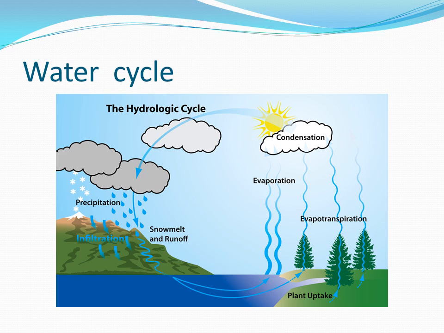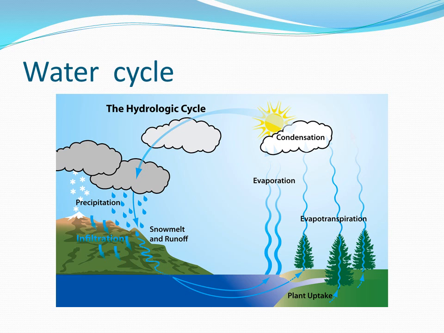This process is called precipitation. Some of the water is collected in the water bodies. Some water goes deep into the ground. That is called groundwater. So this cycle is called the water cycle. We can call it the hydrologic cycle also.